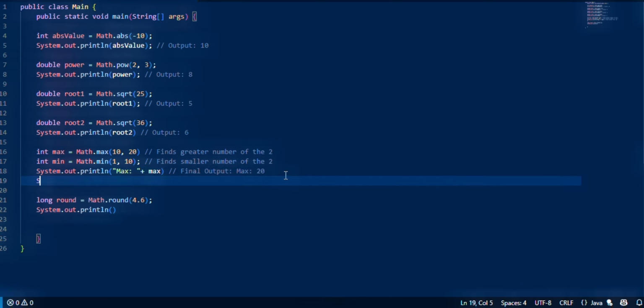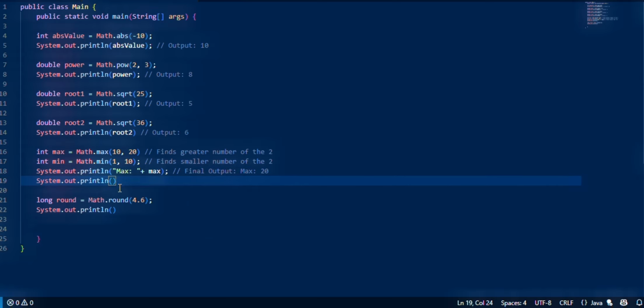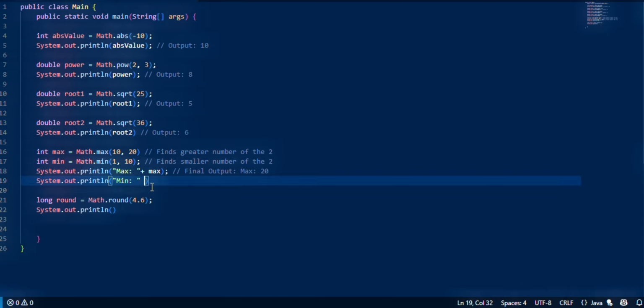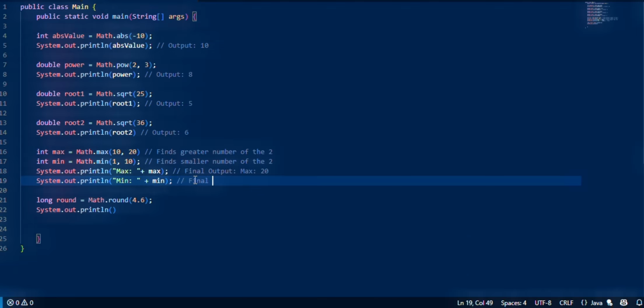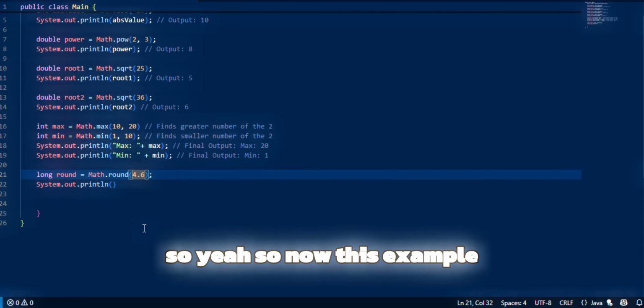We can do the same thing for the minimum value, "minimum is" plus minimum, and the final output is minimum is 1, because 1 is smaller than 10.